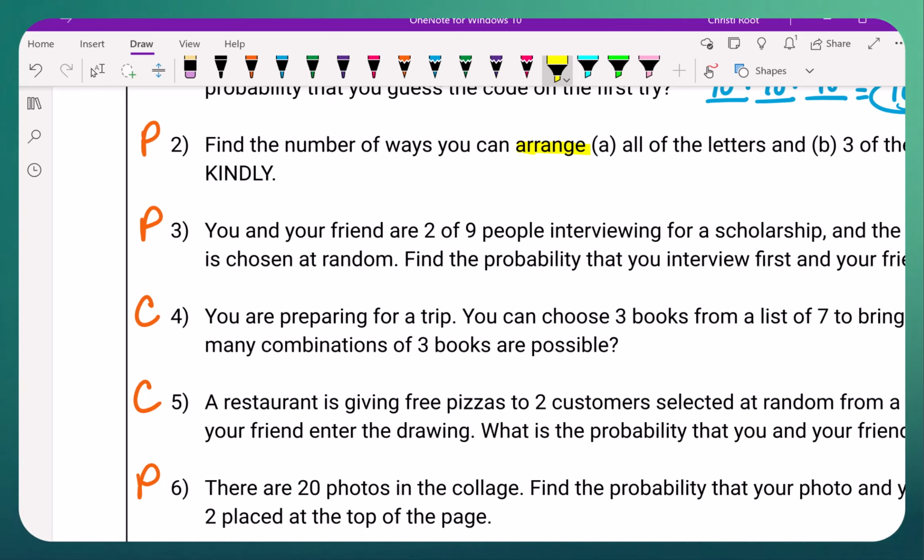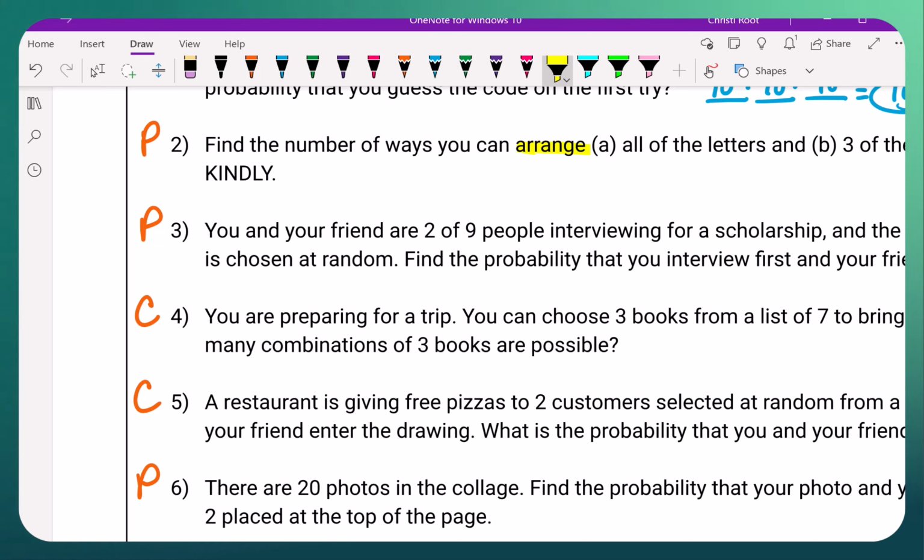No question. Question number 3, this is difficult, but the order does matter in which you were interviewed. So that's why it is a permutation. So if you don't understand the order matters, now you do. If it's about scheduling an interview time, it does matter.